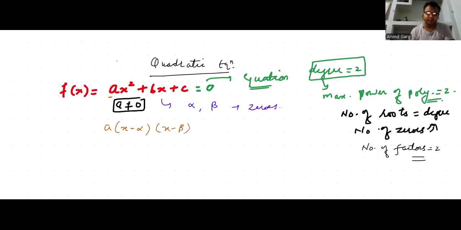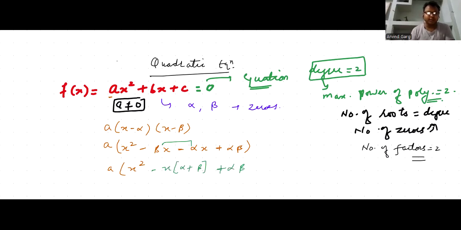This is a polynomial having two zeros, or two roots, alpha and beta. All right. For example, if you solve this, x into x is x square, x into beta is beta x, minus alpha x, and then alpha into beta. So x square, and if I take minus x common, this is alpha plus beta, and this is alpha beta.